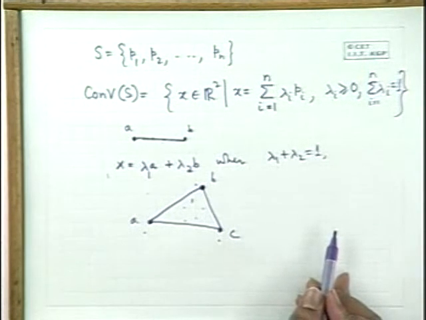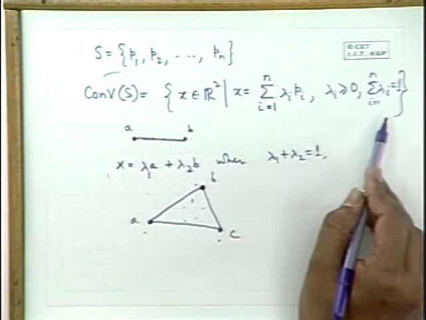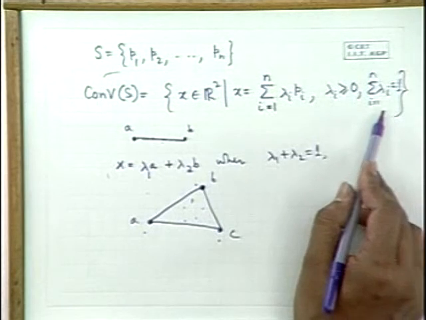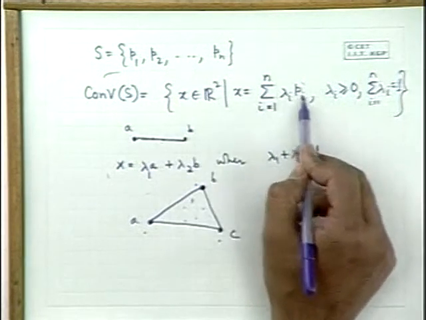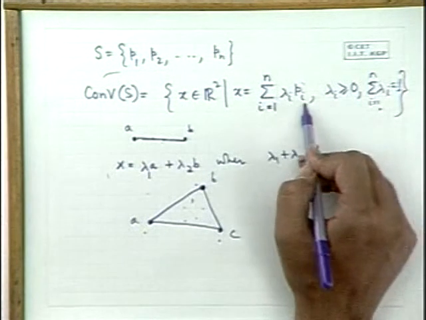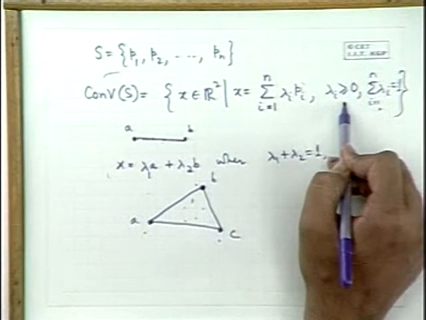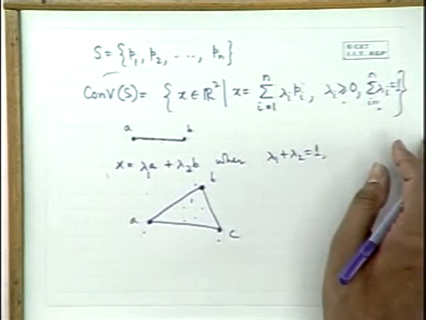This is a generalization of what I just said. If there are n points, you take the convex combination with constants that add up to 1 and each is greater than or equal to 0. And another definition of the convex hull is the set of all points which are convex combinations of the given points.